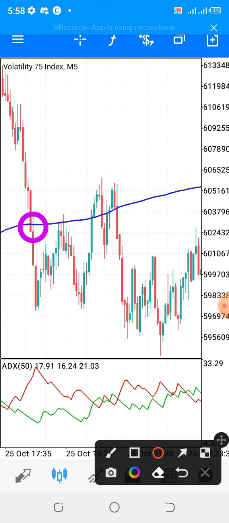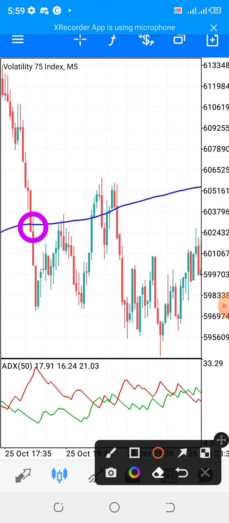Once you identify the crossing in the side of the moving average, you now come down to the ADS and see if there is a crossing, while the candlesticks are still below. You wait until you see a crossing in the side of ADS. Don't just enter without a crossing. A crossing in the side of ADS is the point where you make your entry.